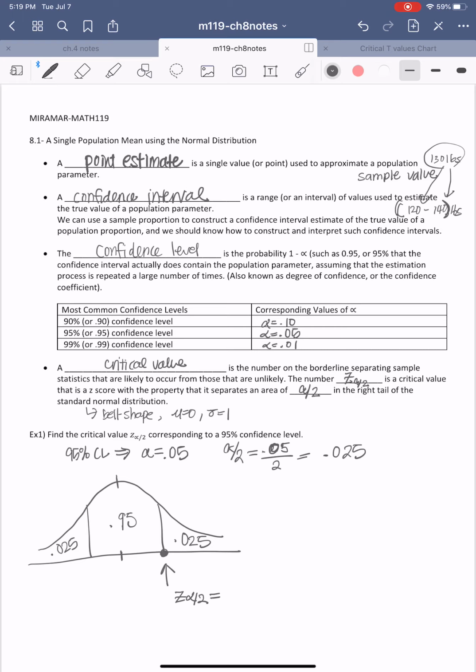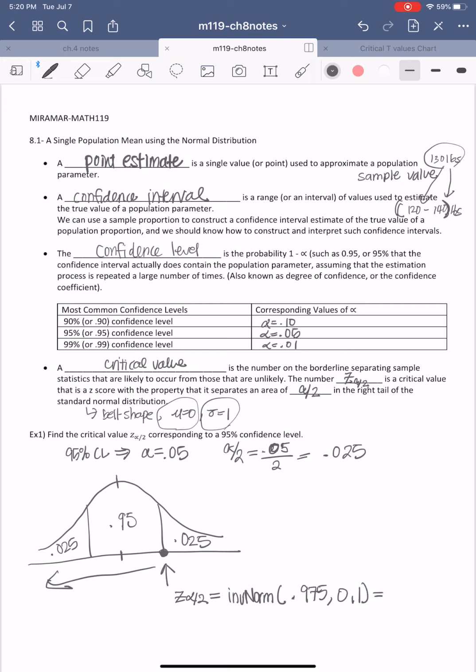Okay, so how do we find that? It's a z-score. We have done this before, finding the x value. So that will be inverse norm, area to the left. Area to the left here is 0.95 plus 0.025, so you will use 0.975. And then standard normal distribution has a mean 0, standard deviation 1.